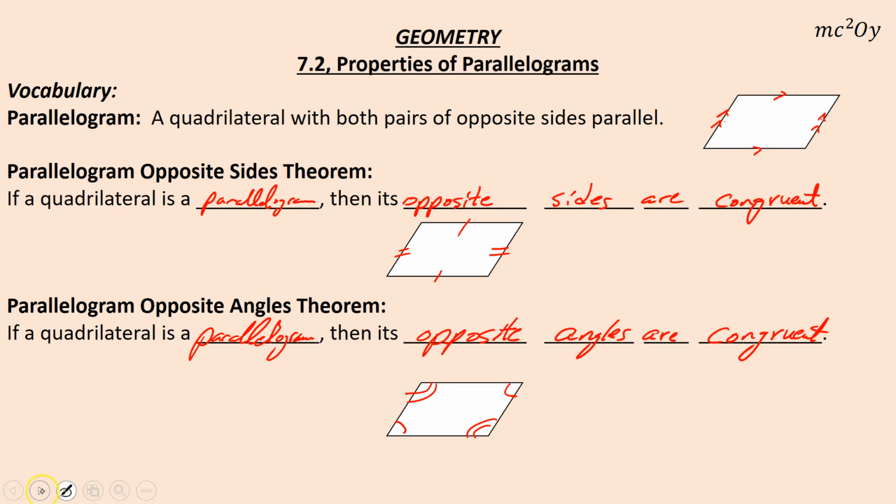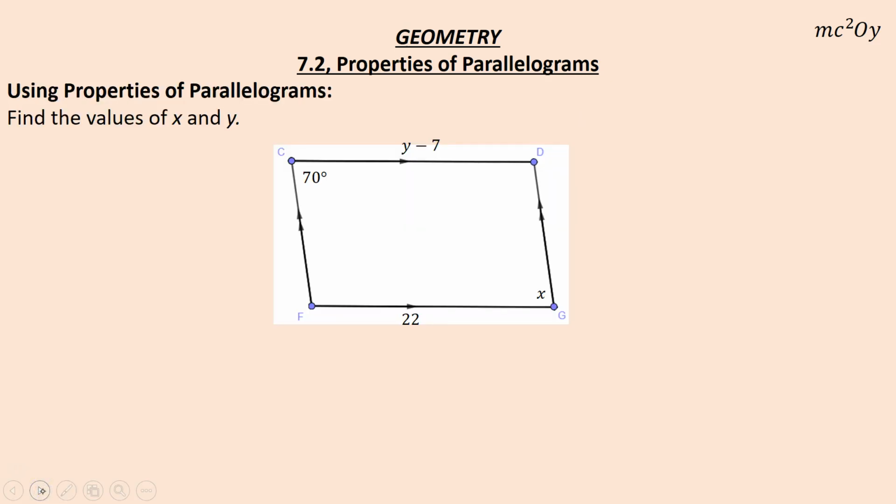Okay, so utilizing that, what we could do is find values of x and y. Given a parallelogram, we know this is a parallelogram because the opposite sides are marked parallel. We have one arrow on CD and one arrow on FG, and then two arrows on CF and two arrows on DG there. So that means opposite angles and opposite sides are congruent, which if opposite angles are congruent, 70 is congruent to x there.